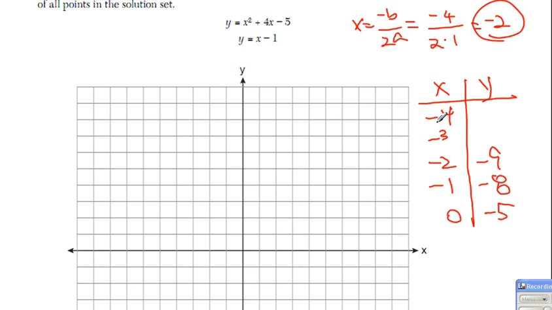When you plug in negative 3, it becomes 9, minus 12, minus 5. Then we end up getting negative 8. When you plug in the negative 4 into the expression, we will end up getting negative 5.